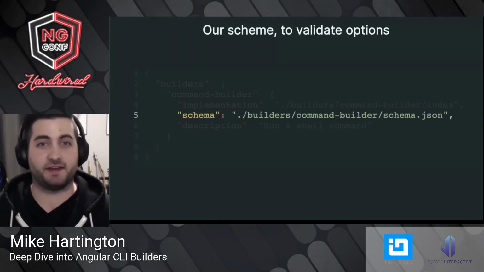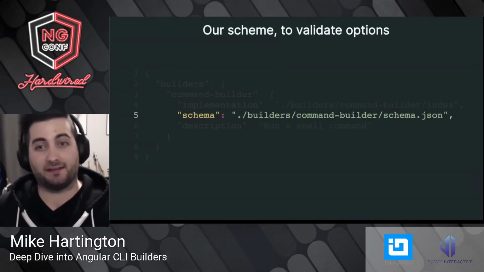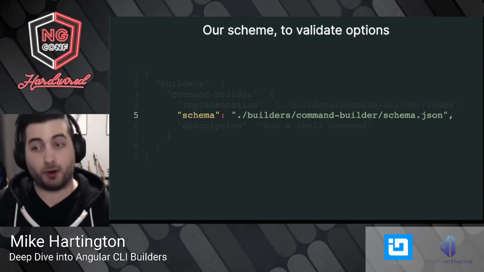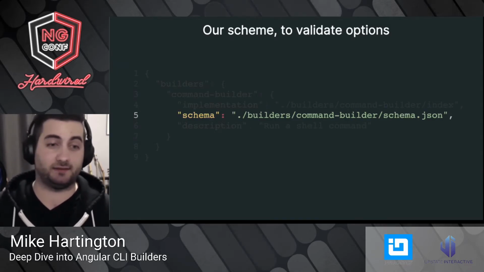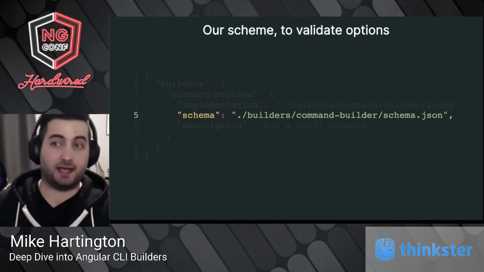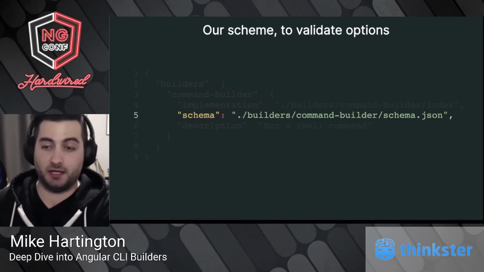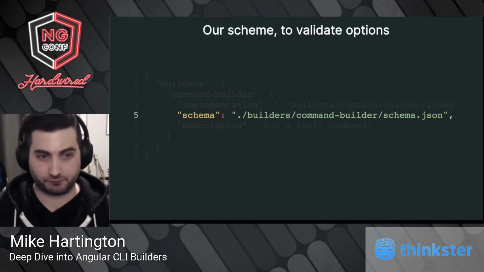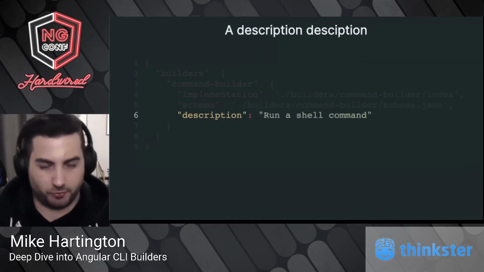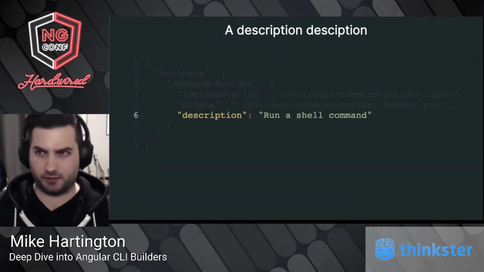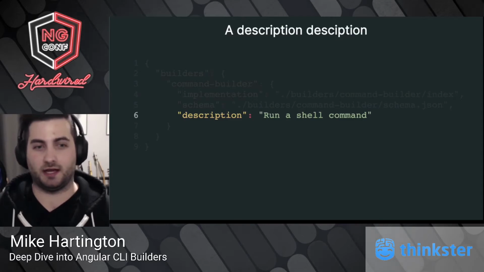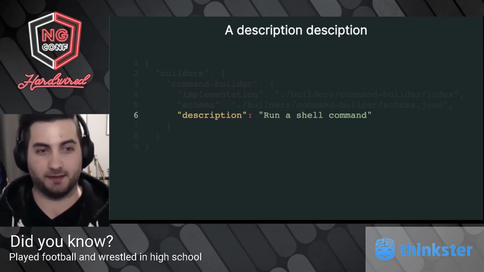This is a list of different options that we can pass to our builder. And then the CLI can use the schema to validate, saying, hey, this is not a valid option that you passed. Fix that. And then to close it all out, we're just going to give it a description because we're good developers. We want to make sure our tools are basically self-documenting.